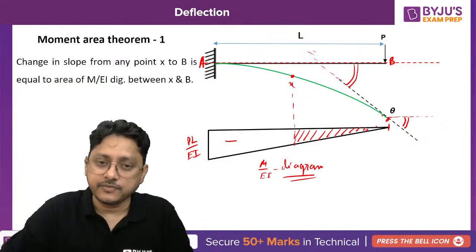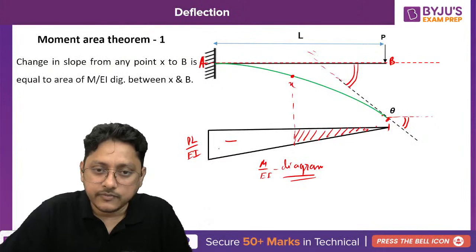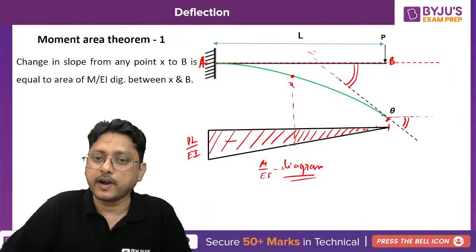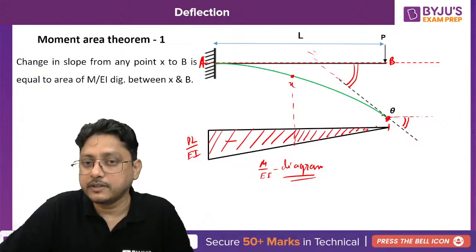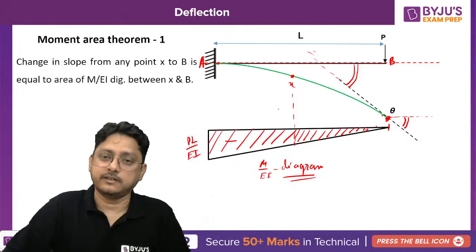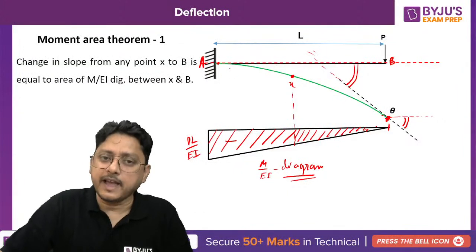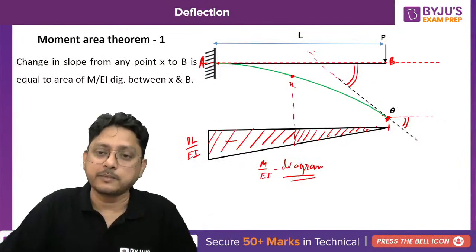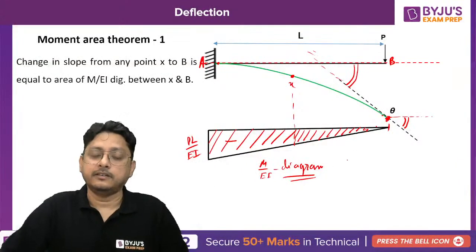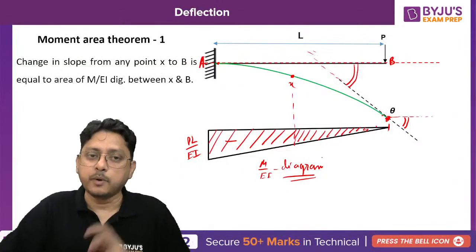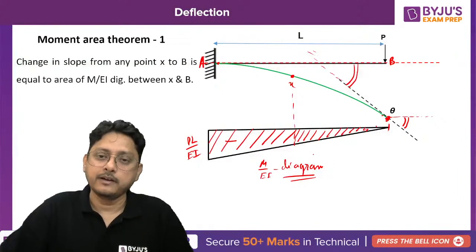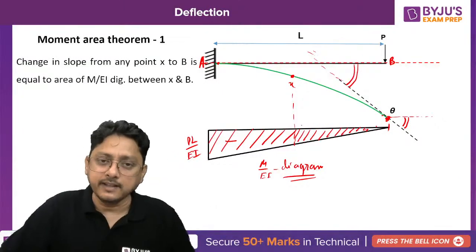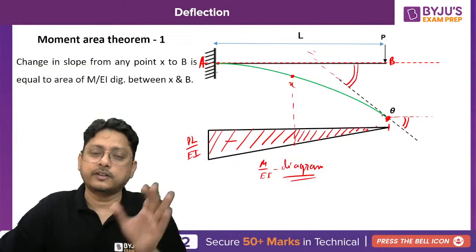Now, as per the moment area first theorem, if I take the area of the M by EI diagram, it will provide me the slope between the 2 tangents. But as you know, the slope at A is 0, so the slope between the 2 tangents becomes nothing but the slope at B. That is why you have heard several times that the moment area theorem is good for the cantilever beam, because in a cantilever beam you are 100% certain that at a fixed support the slope will be 0.